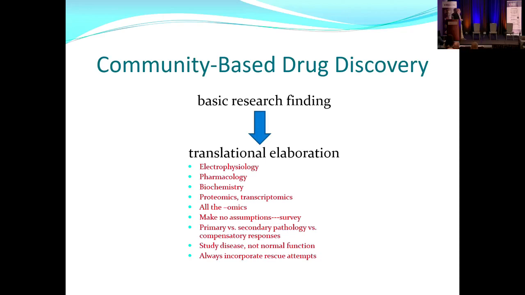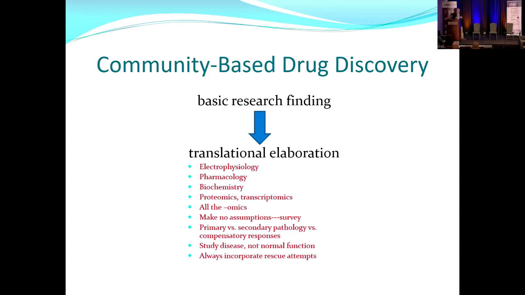It's also important to study the disease state, not just the normal function. So there's lots of research that's been done on glutamate receptors, for example, but you need to study your disease models in depth because you can't assume that the disease is just the absence of that normal function. It usually spreads out beyond that. And you always want to incorporate rescue attempts, rescue paradigms, in your studies.